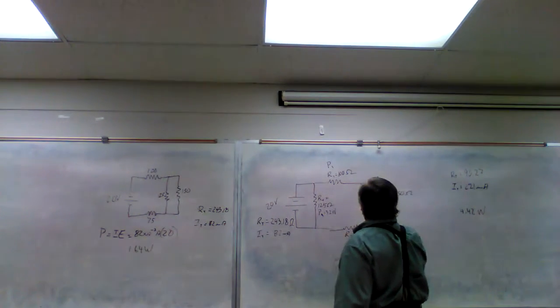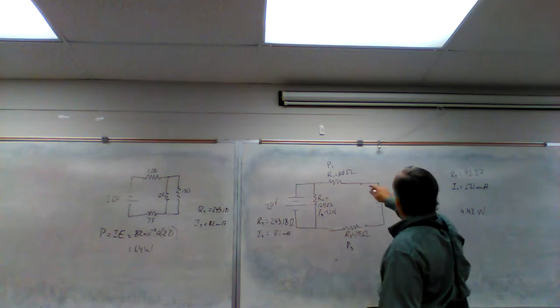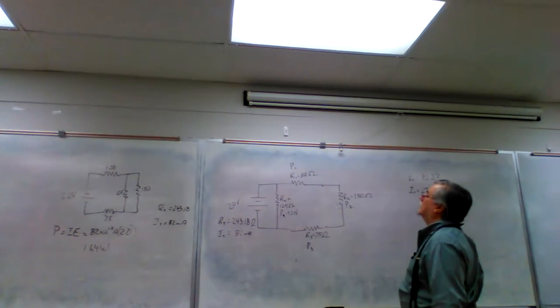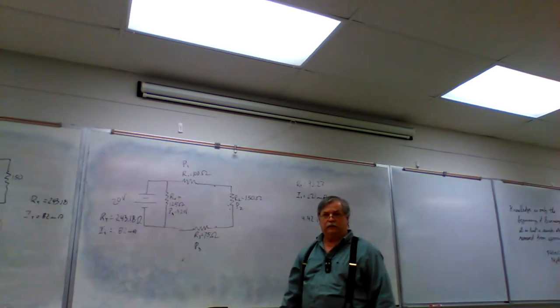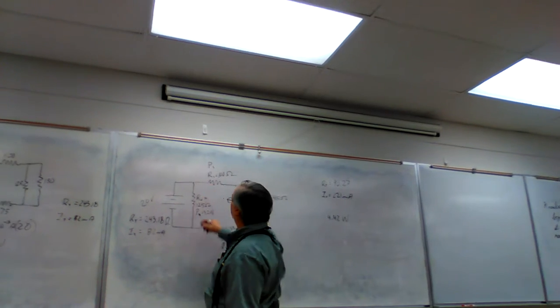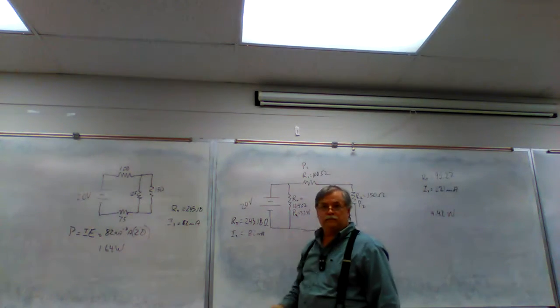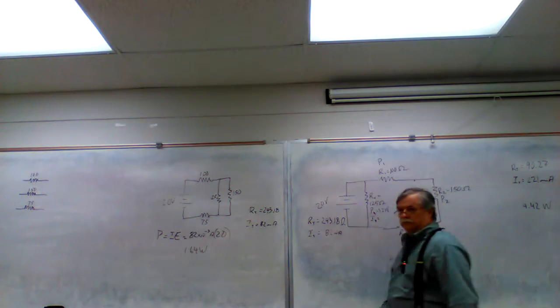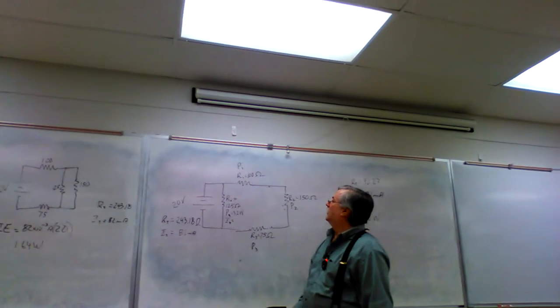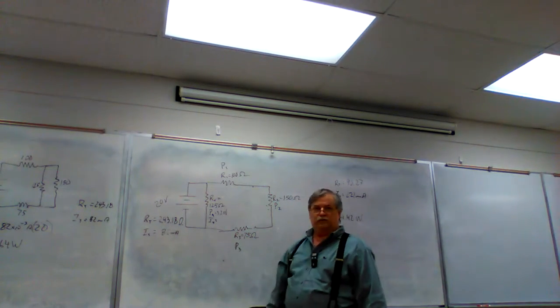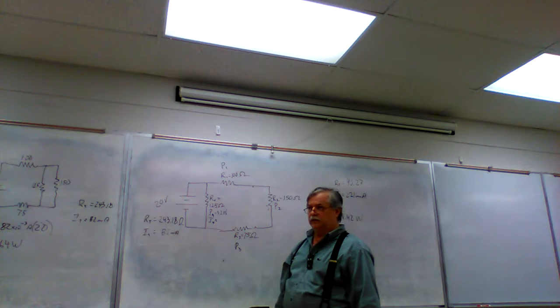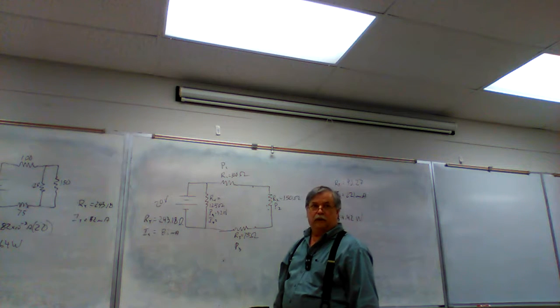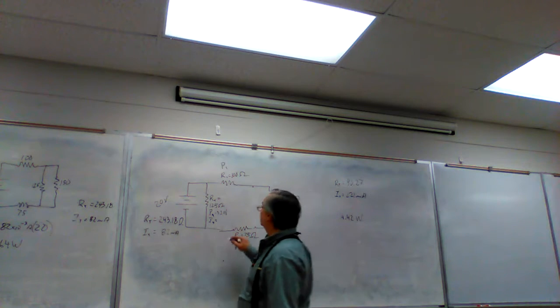We don't know what the current going through these are. We don't know what the voltage drop across these are. So I guess we got to figure that out. How much current is going through R4? 20 volts divided by 125 is how much? 160 milliamp.